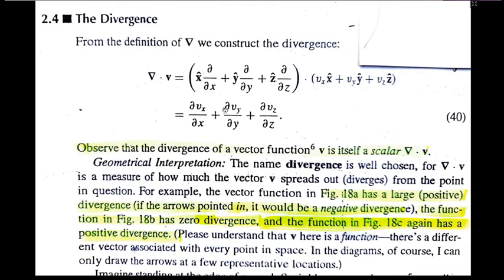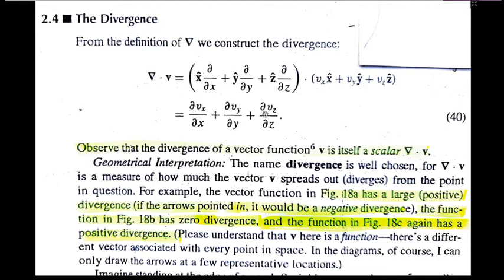So for divergence, a vectorial del operator is applied on a vector in a dot product, and as an outcome you are getting a scalar quantity.